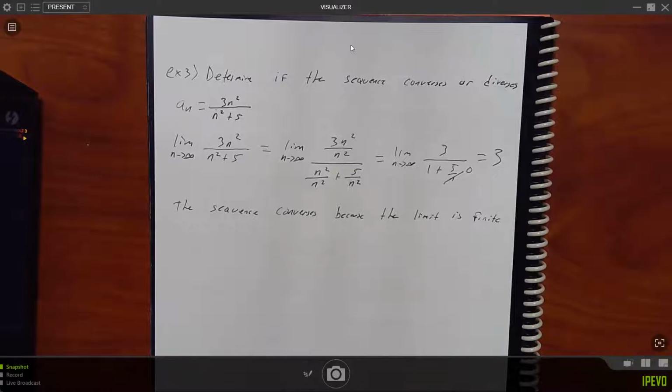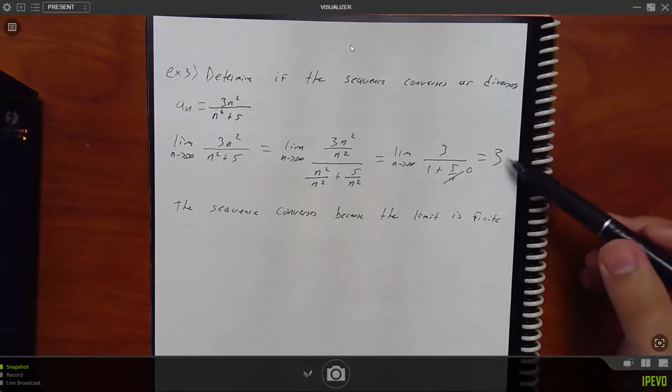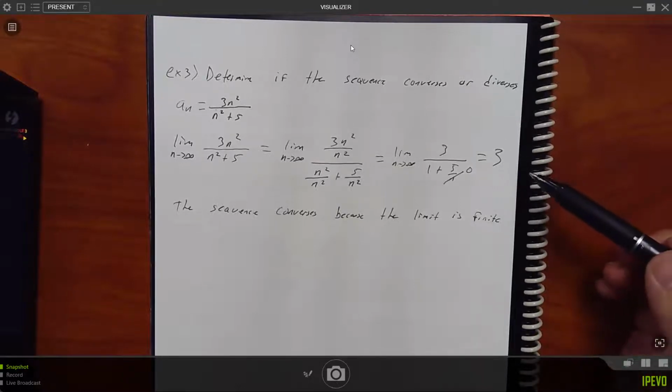Okay, so if the limit goes to 6, then it diverges, but the result will be 0, right? The limit would have to be like infinity or negative infinity.